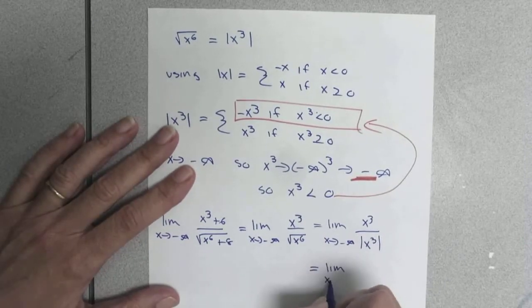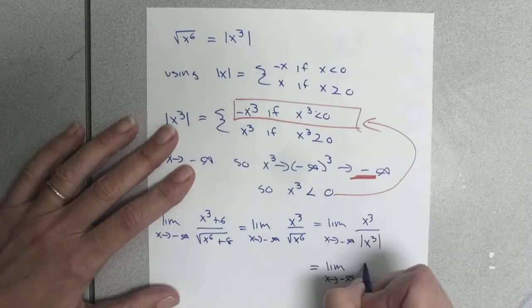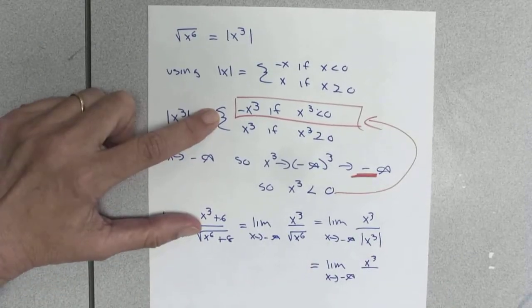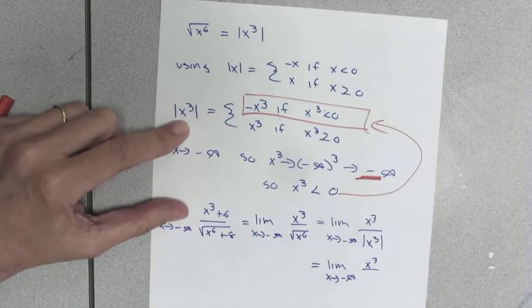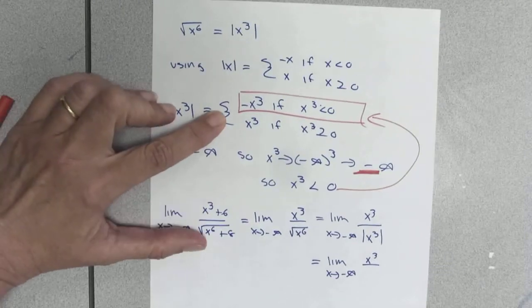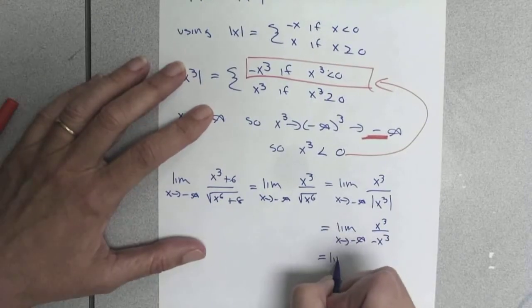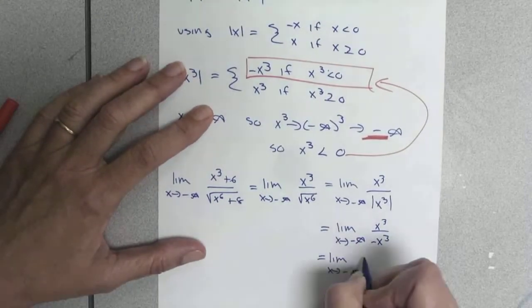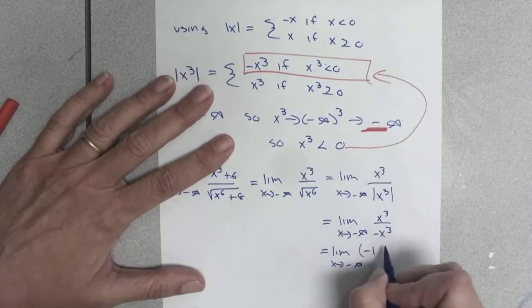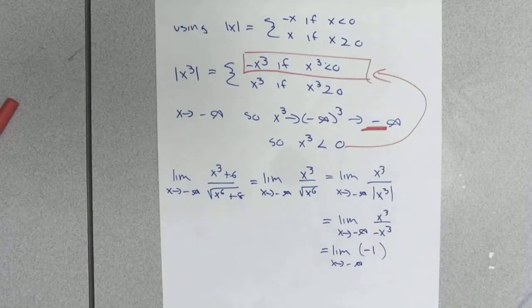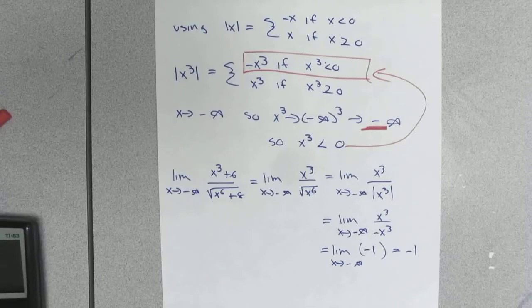And then we applied our definition of absolute value and came up with that the absolute value of x cubed was negative x cubed, which gives me the limit as x goes to negative infinity of negative 1. And now this is just the limit of a constant, and the limit of a constant is that constant. And you should be able to check that by looking at a picture or a chart.